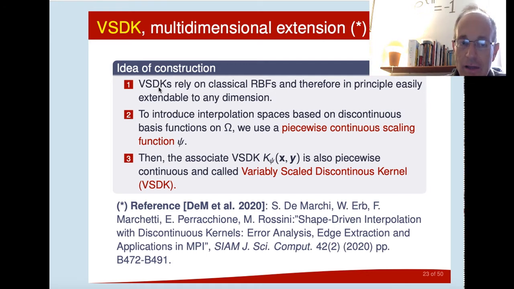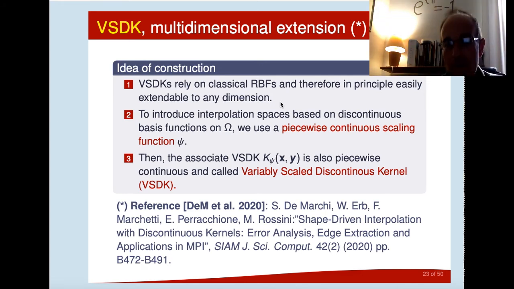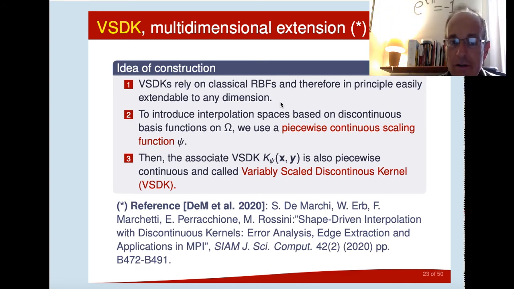So that VSDK relies on a classical RBF, and therefore, in principle, it is easily extendable to any dimension. This is a fact that RBFs were studied exactly to avoid the dimension of the problem. So that's why they are called dimension blind.